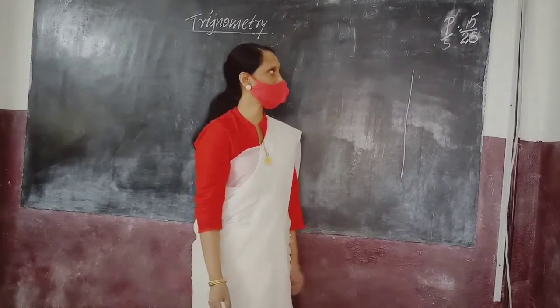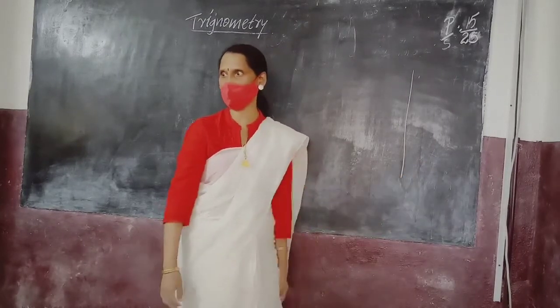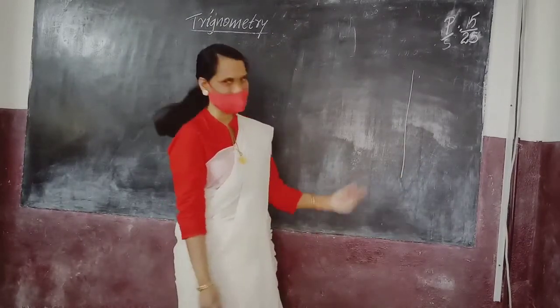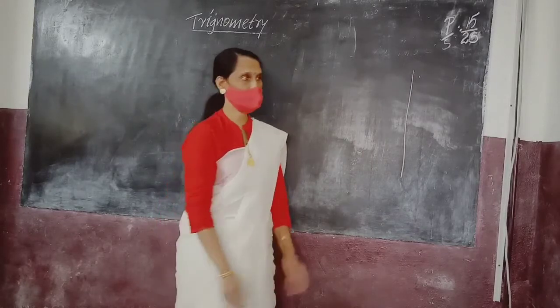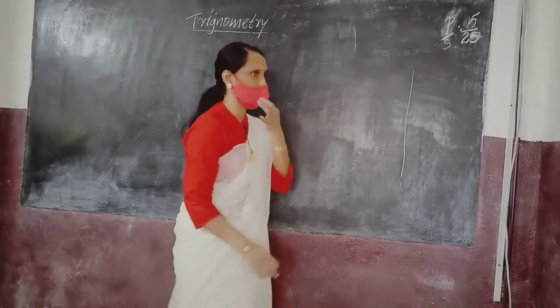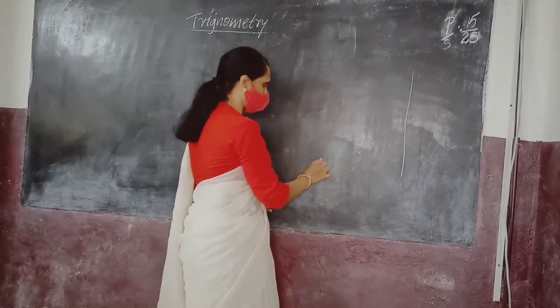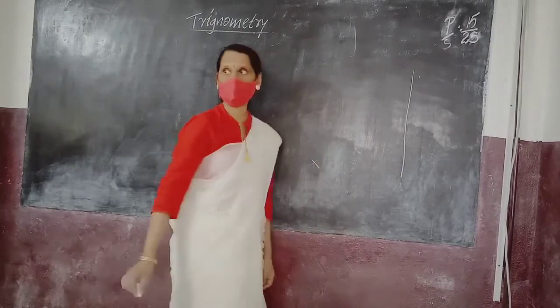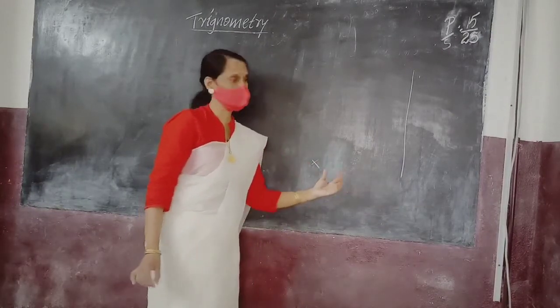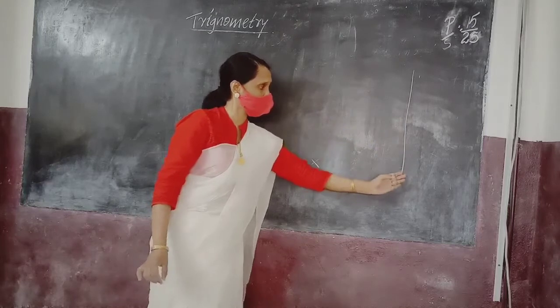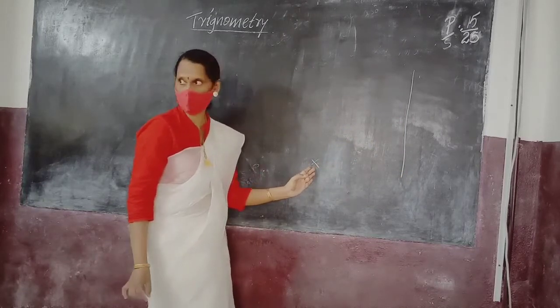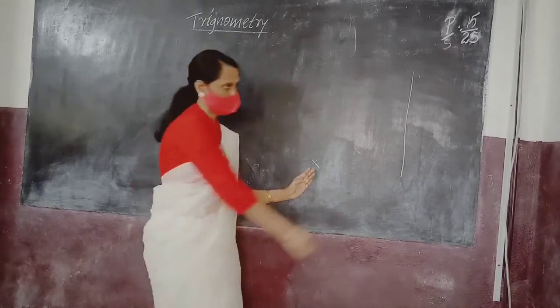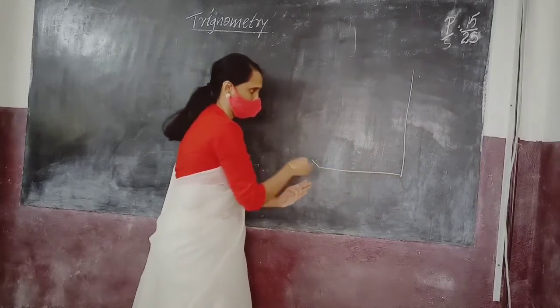Suppose we want to find out the height of a long, tall tower. You may be thinking that there is no triangle. Is that a triangle? No, we will imagine a triangle. Suppose a person is looking at the foot of the tower from a particular distance from that tower. This is the base.